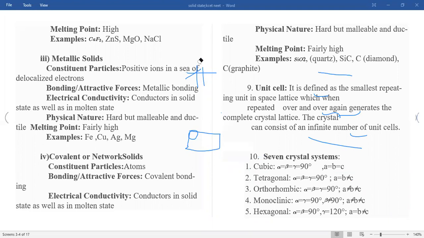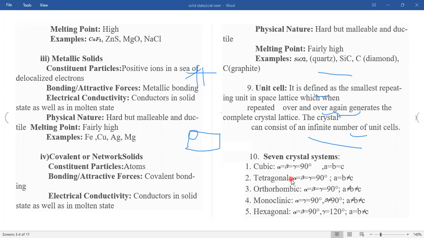What are those 7 crystal systems? The first one is cubic, and I have given one video on how to remember all these basic 7 crystal systems: cubic, tetragonal, orthorhombic, monoclinic, hexagonal, and the next video I'll give you.